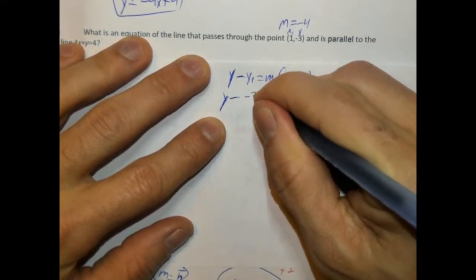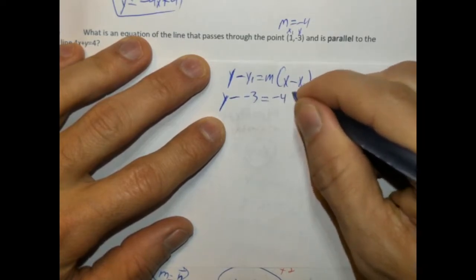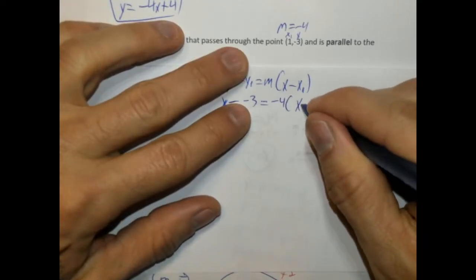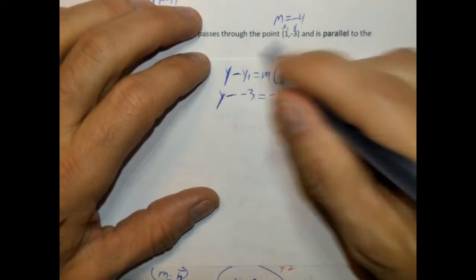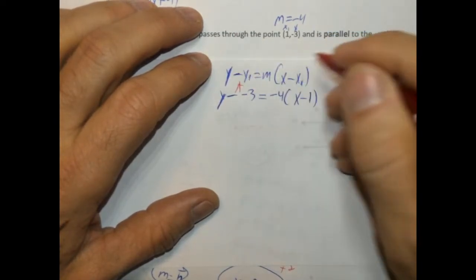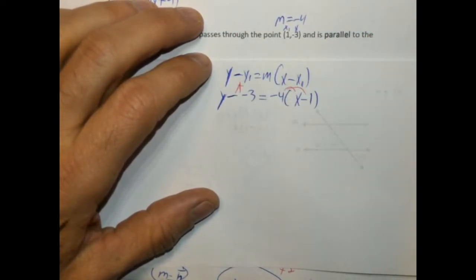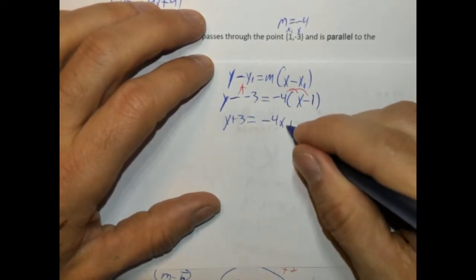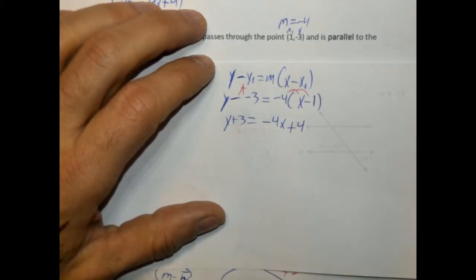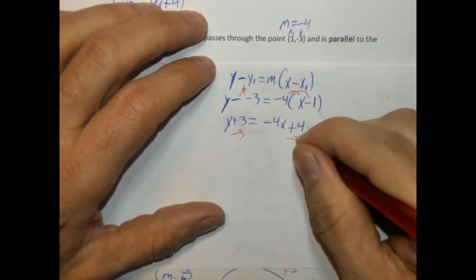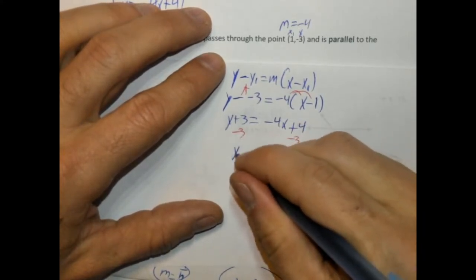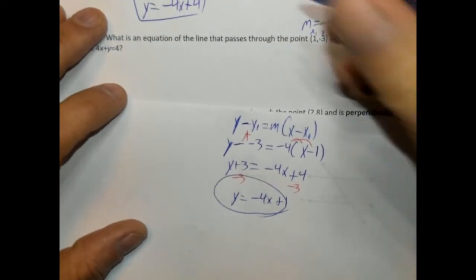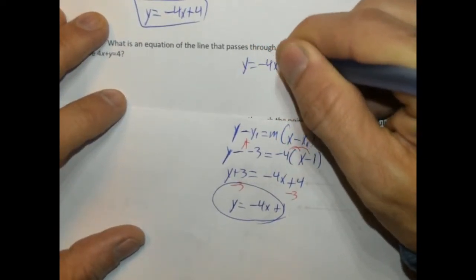Y minus negative 3 equals negative 4 times x minus 1. This is going to change to plus. And distribute this negative 4. So y plus 3 equals negative 4x plus 4. I'm going to subtract 3 from both sides. Y equals negative 4x plus 1. And that's it. Y equals negative 4x plus 1.